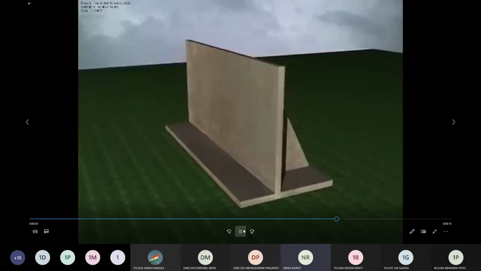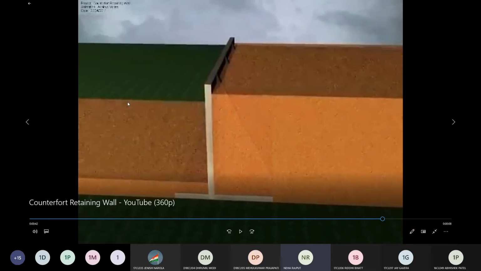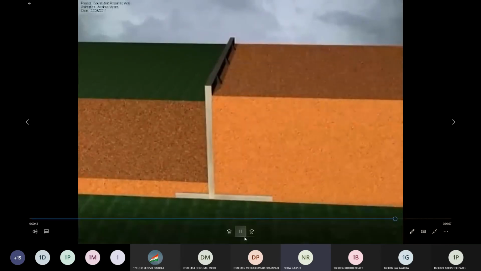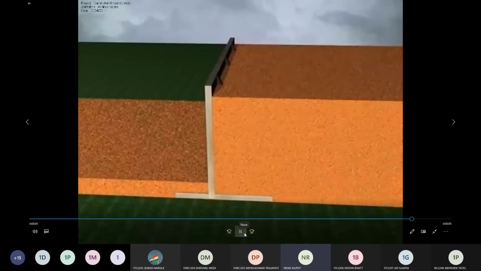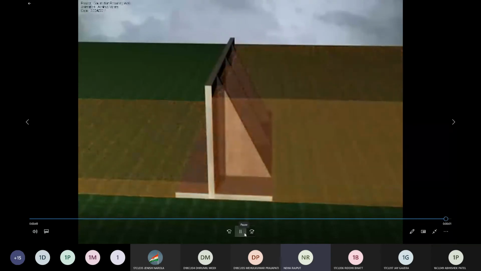So this is known as counterfold. See this. And this is the back fill. And this is your front side, toe side. And this will goes into the back fill. Right.